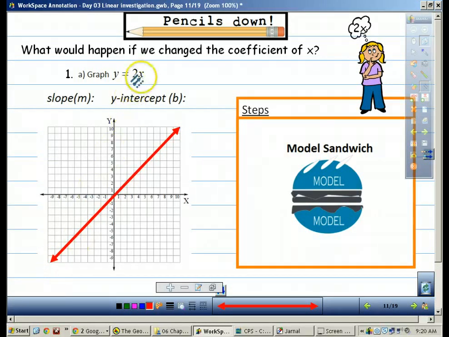Now, what would it look like for y equals 2x? Okay. What's the slope of that line? What's the slope of y equals 2x? Yeah, 2 or 2 over 1. So this is the same as 2 over 1. What's the y-intercept? 0. Yeah, there's no number here, so we just say it's 0.